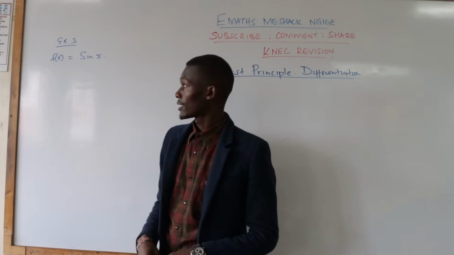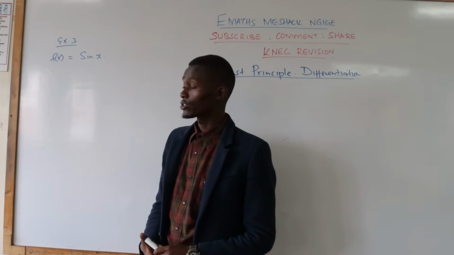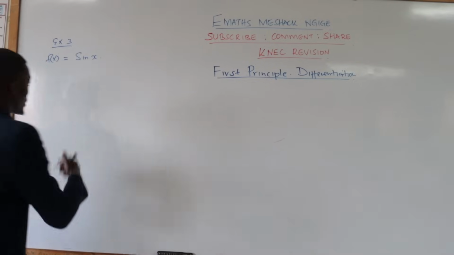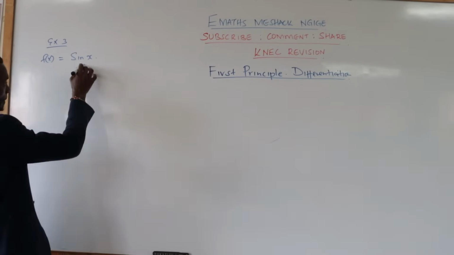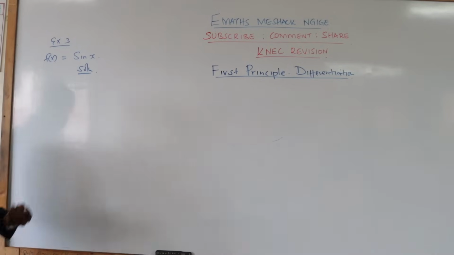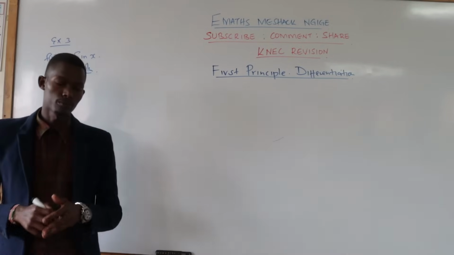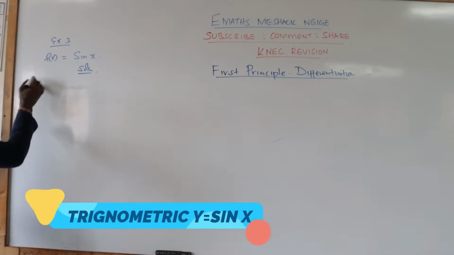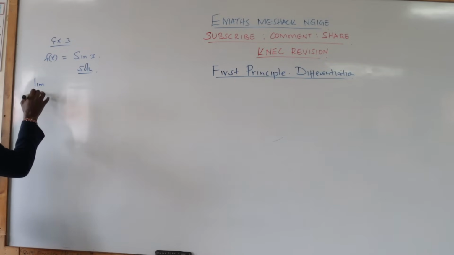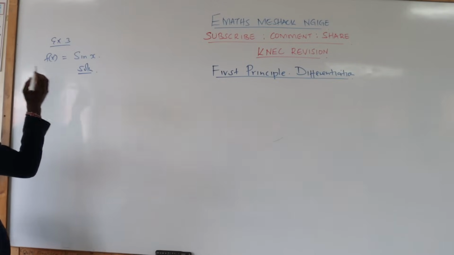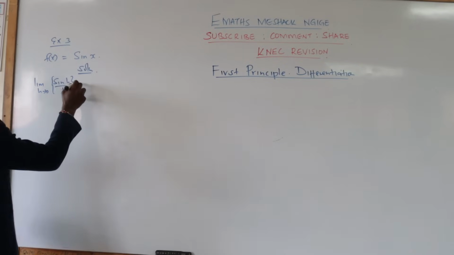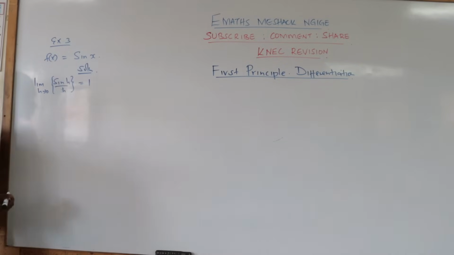So we can take another example, a trigonometric function, that is the sine of x. Solution. Before we check this, there are two limit laws that you need to know. One, when you have the limit as h tends to 0 of sine h over h, the answer is always 1.